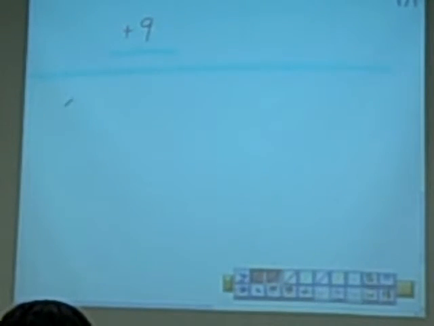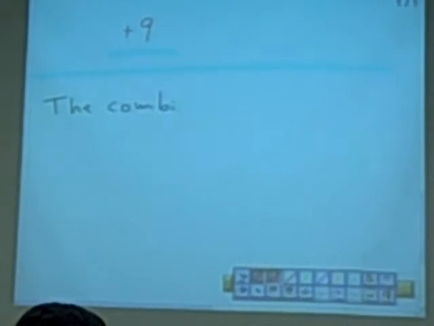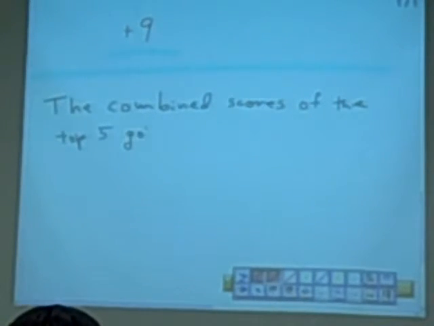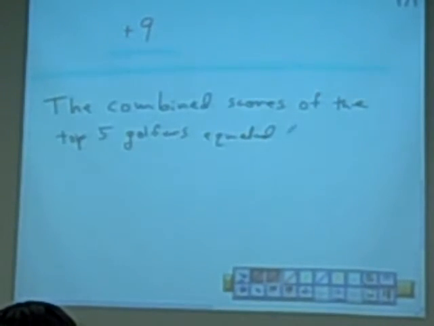If we have the combined scores of the top 5 golfers equaled a negative 10.